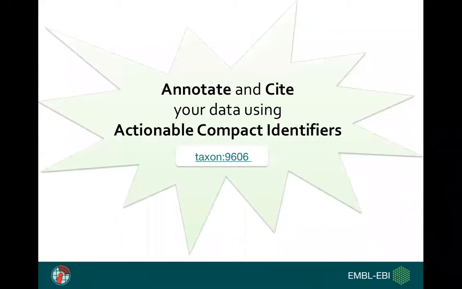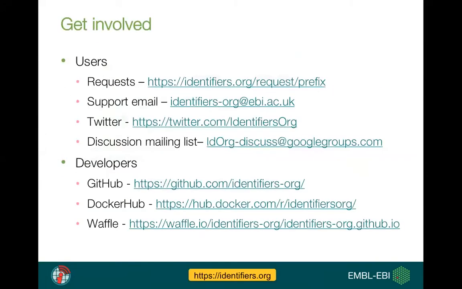So coming back to my take-home message, the main thing is to annotate and cite your data using actionable, compact identifiers. Please do get involved. You can follow us on Twitter, and you can also request prefixes through our request form.